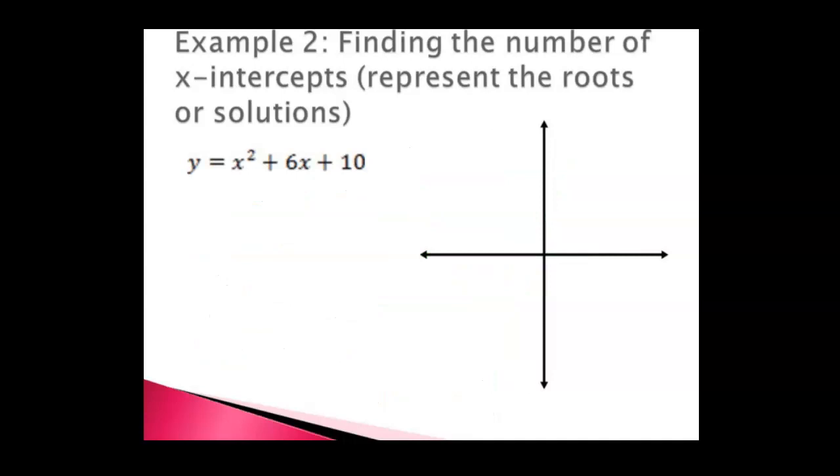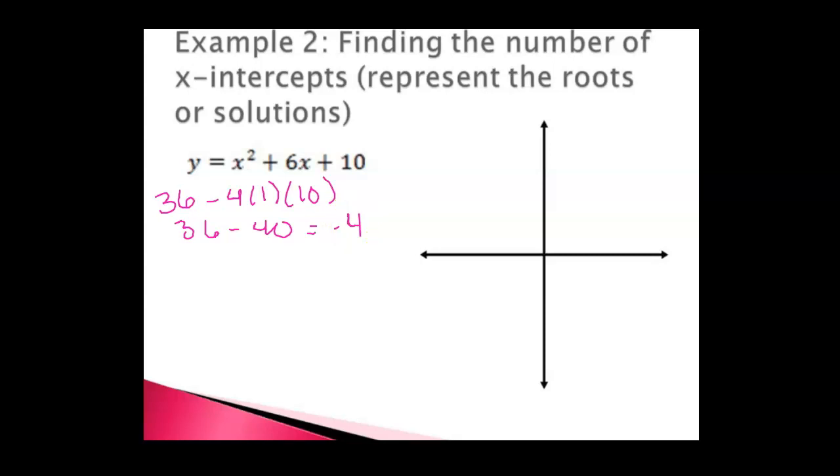Okay, x squared plus 6x plus 10. So once again, same idea. Find your discriminant. So we get 36 minus 40, which is negative 4.